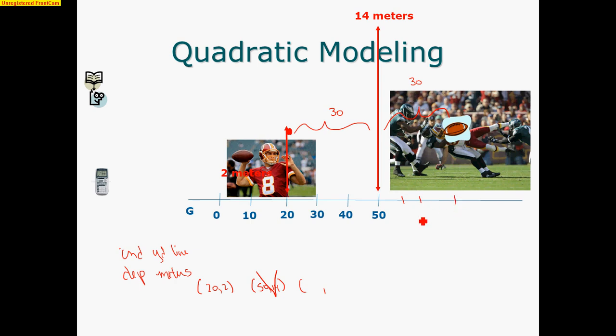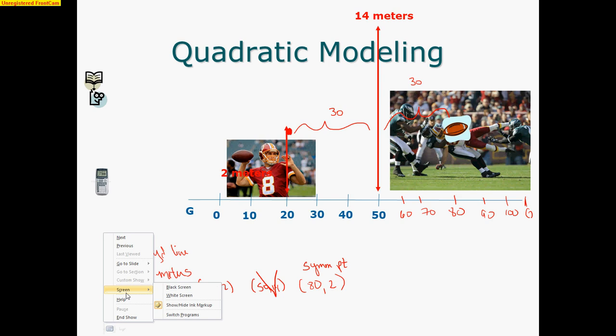The other 20-yard line, the opponent's 20-yard line, but remember we had called that the what? 80-yard line. So I have the point 80, 2, and I got that using a symmetry point. So I now have 3 points that I can enter into my calculator.